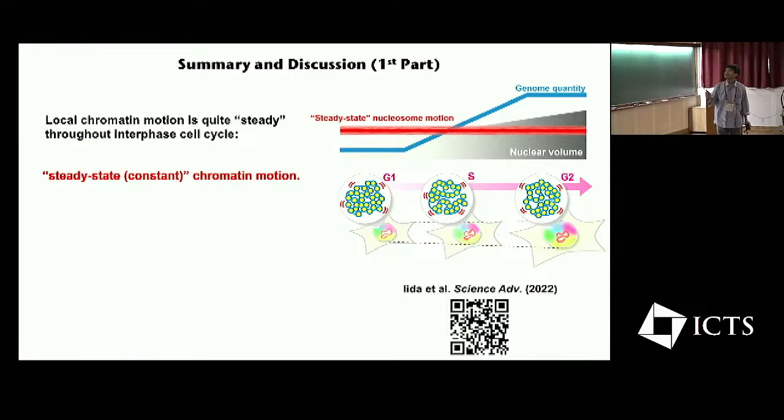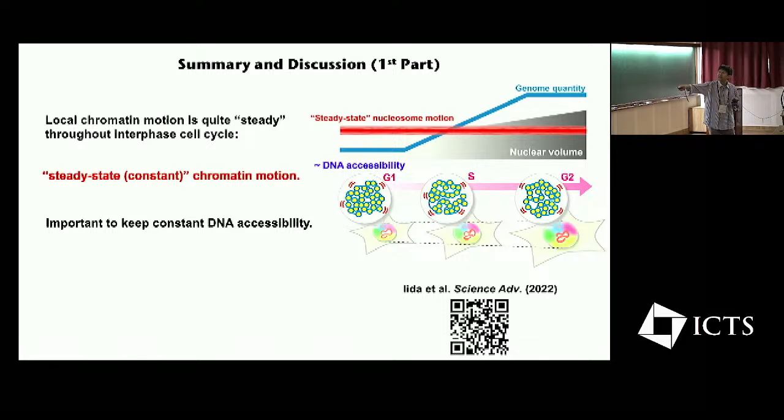And what is the significance of this steady state, constant chromatin motion? As I discussed at the beginning, nucleosome motion is highly related to chromatin accessibility. So we think this constant chromatin motion throughout the interphase cell cycle is important to keep DNA accessibility constant.